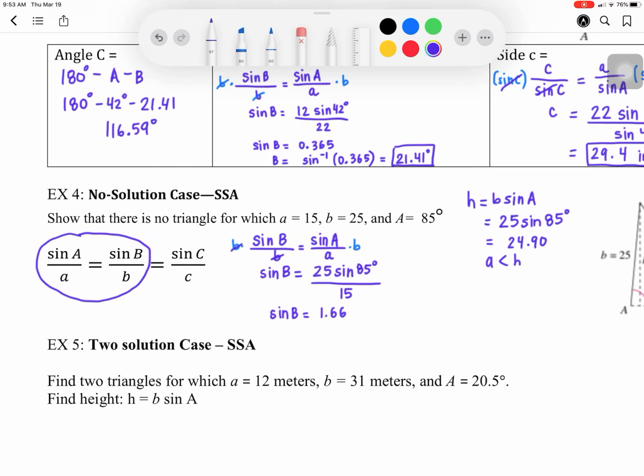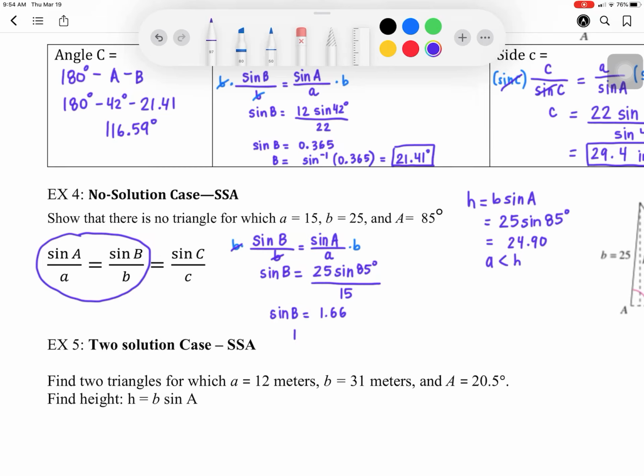Now remember the amplitude of sine, it goes like this. What was the amplitude of sine? Well, it was bounded by -1 and 1. So think about it. Can you have sine of any angle that'll be greater than 1? No, you cannot. Or you can go ahead and plug it into your calculator.